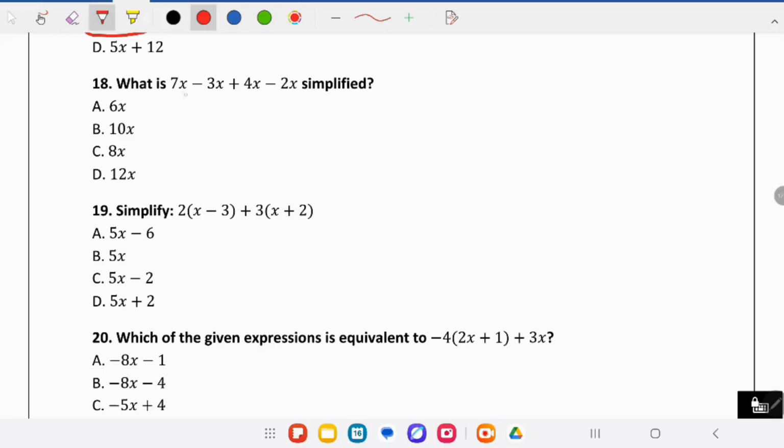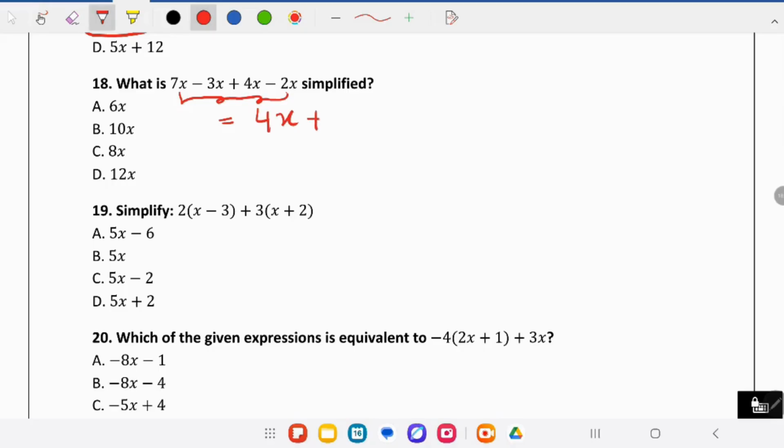In this question, I have 7x minus 3x plus 4x minus 2x. All of these are like terms. So I'm going to add or subtract according to the signs. So 7x minus 3x. 7 and 3, I'm going to subtract the coefficients. 7 minus 3 is 4.